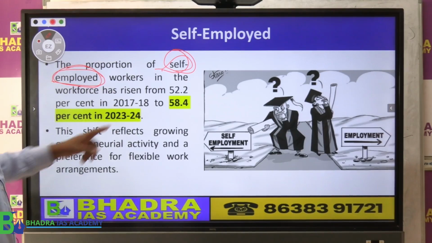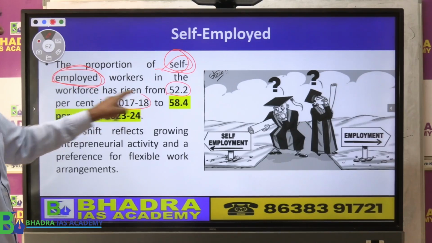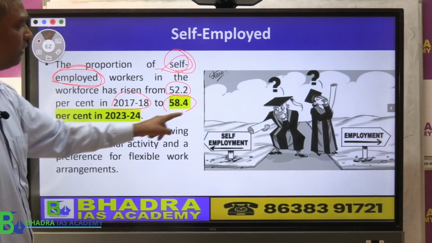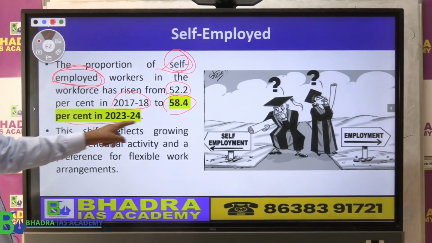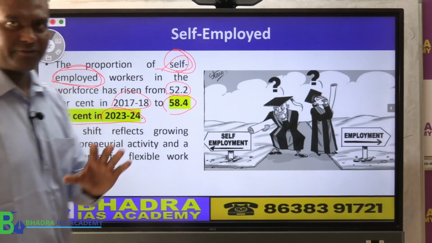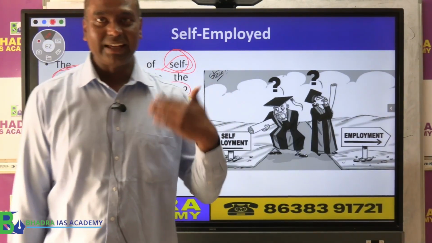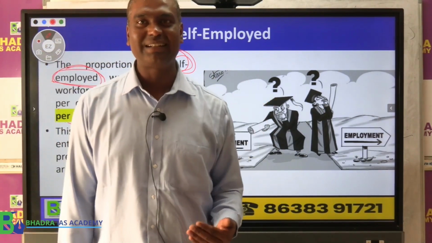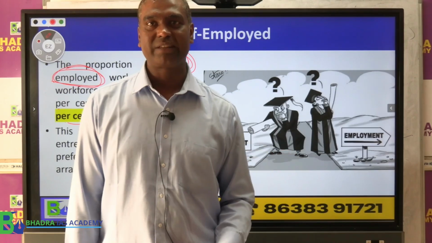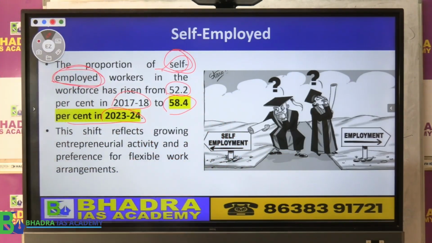Okay, it has risen from 52.2% in 17-18 to 58% in 2023-24. That means the number of self-employed people is increasing. Maybe as a result, unemployment is also reducing, right? That is a possibility. The second one, it shows that this shift also is showing what?